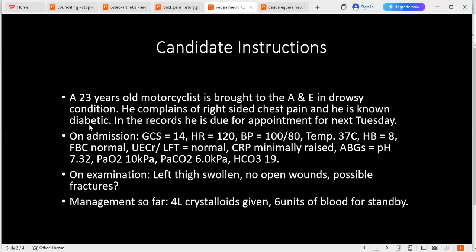What other investigation would you like to add? Yes, I would like to add CT abdomen and CT chest, and also CT brain, but it is not available in our hospital, so it will be very helpful. Okay. What imaging will you do?